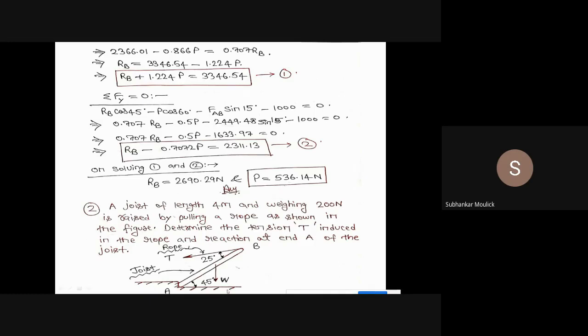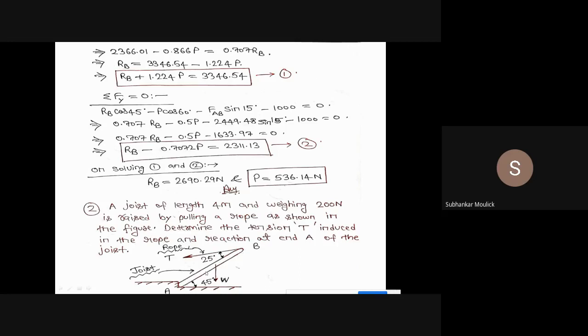This AB is a joist. From end point B of the joist, a rope is attached. Tension exerted by the rope is T, and that rope is attached in such a way that it is making an angle of 25 degree with respect to this joist.